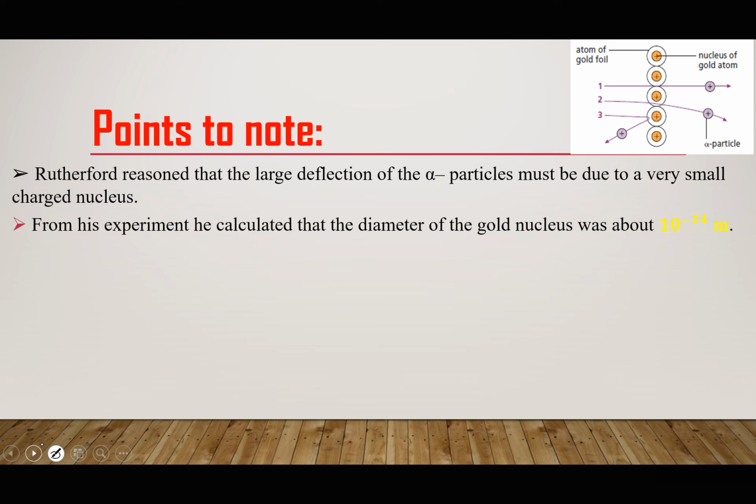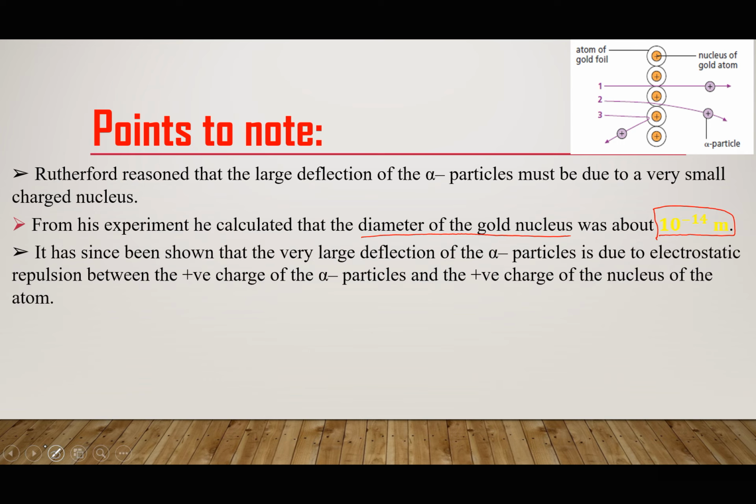From his experiment, he calculated the diameter of the gold nucleus to be about 10 to the power of minus 14 meters. Experiments involved in obtaining the diameter of the nucleus are beyond our scope.